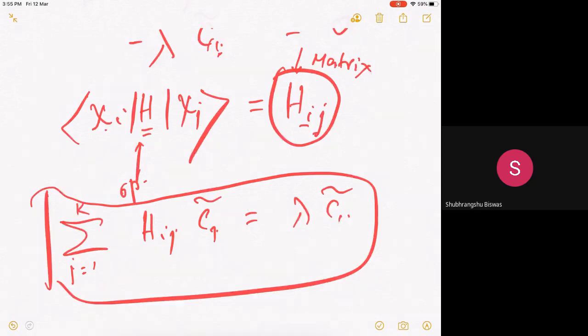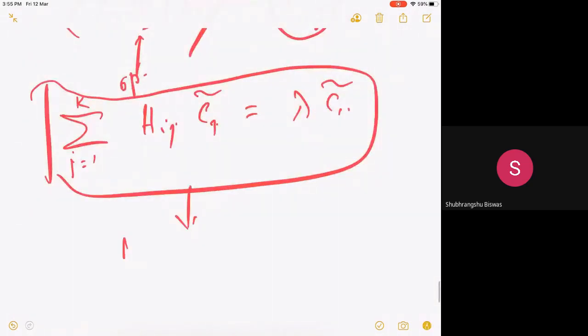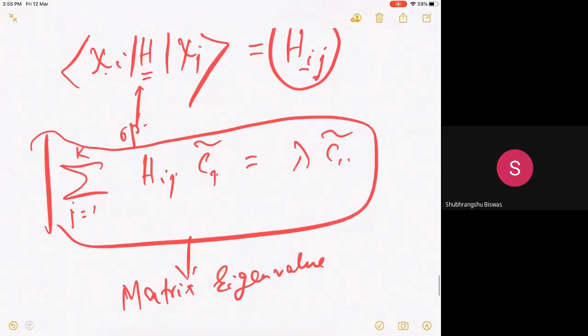You can quickly recognize that this is nothing but the matrix eigenvalue equation. And that will give you very easily the c_i problem. One can very easily show, after they get the c_i, that this lambda is nothing but the energy.